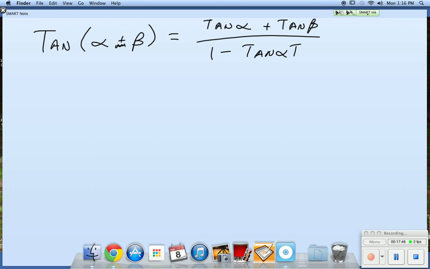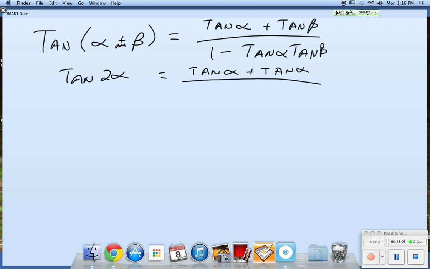Well, let's get rid of the beta and make it alpha. So it's going to be like 2 alpha, right? Switch that out. Tangent of alpha plus tangent of alpha over 1 minus tangent of alpha tangent of alpha.